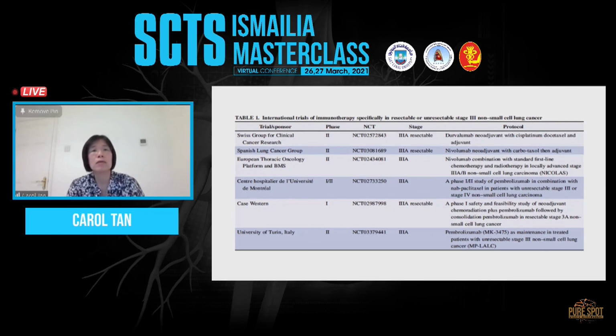There are many other studies now in stage 3 non-small cell lung cancer looking at adjuvant immunotherapy. So until then, I think we should actively be participating in MDTs and making sure that potentially resectable stage 3A N2 disease is not denied surgical treatment.